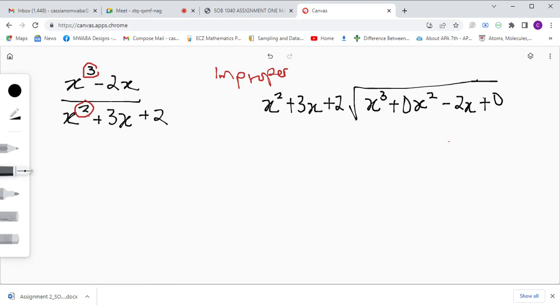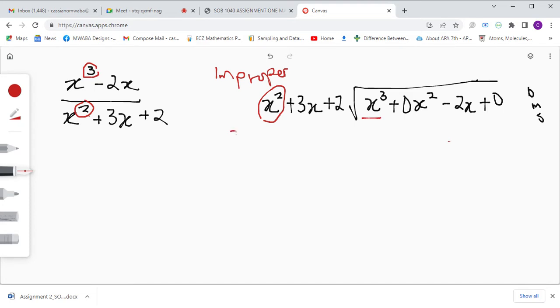Whenever we're doing long division, the three steps I have to follow are: we divide, then we multiply, then we subtract. So the first step, we divide. What do we divide? Our leading terms by x squared.